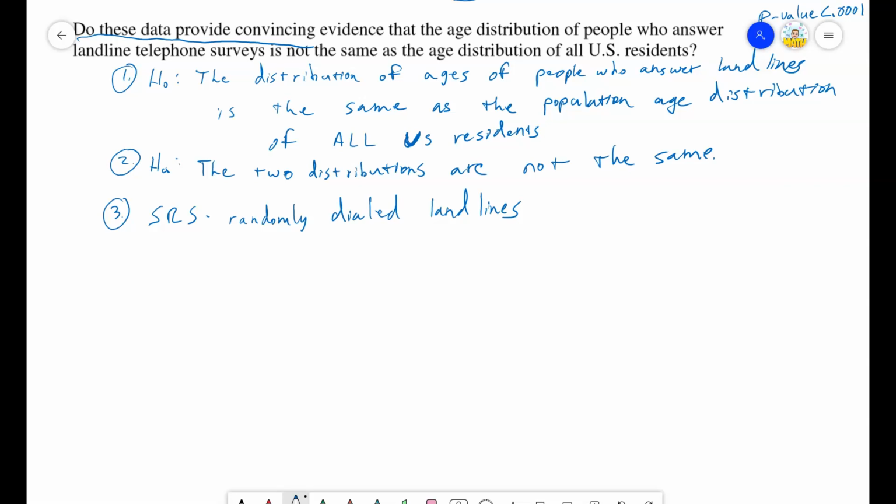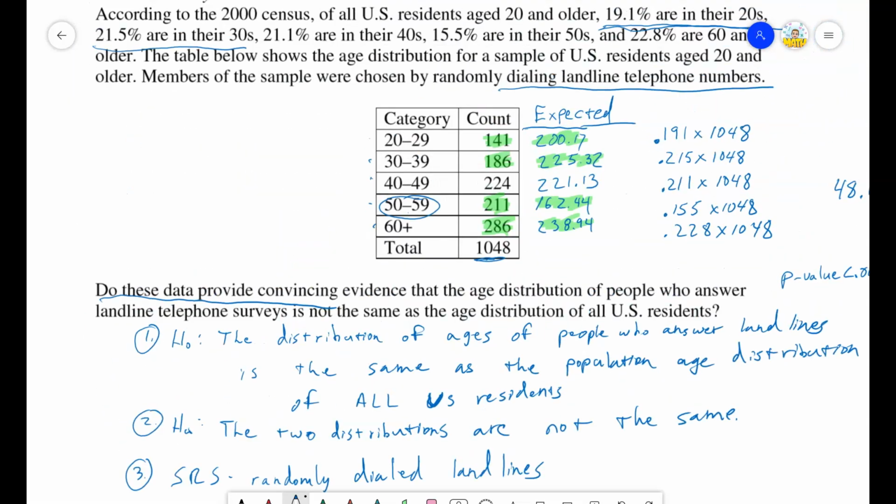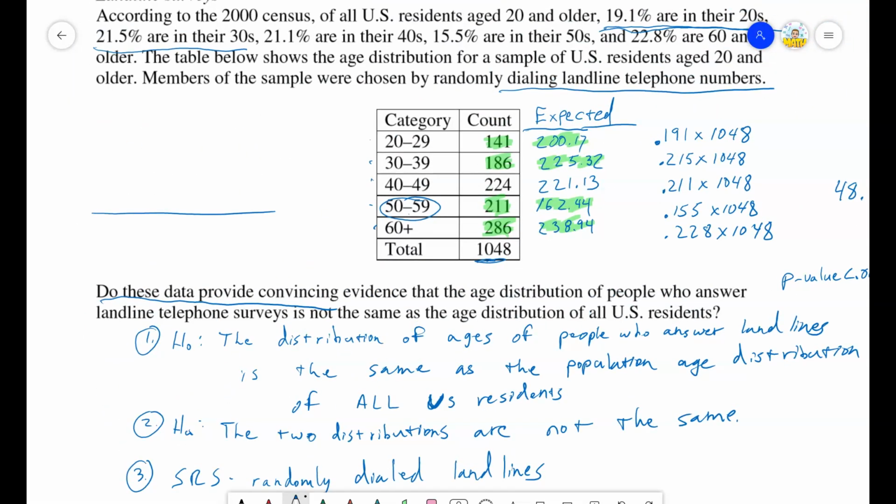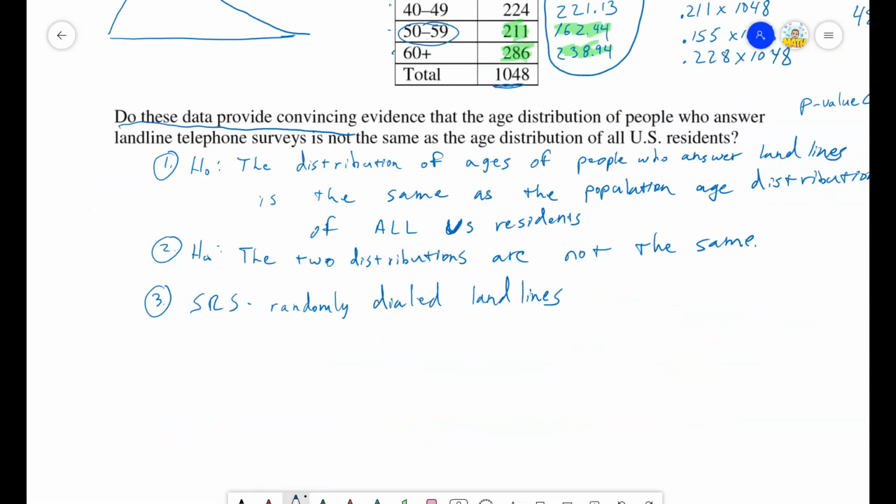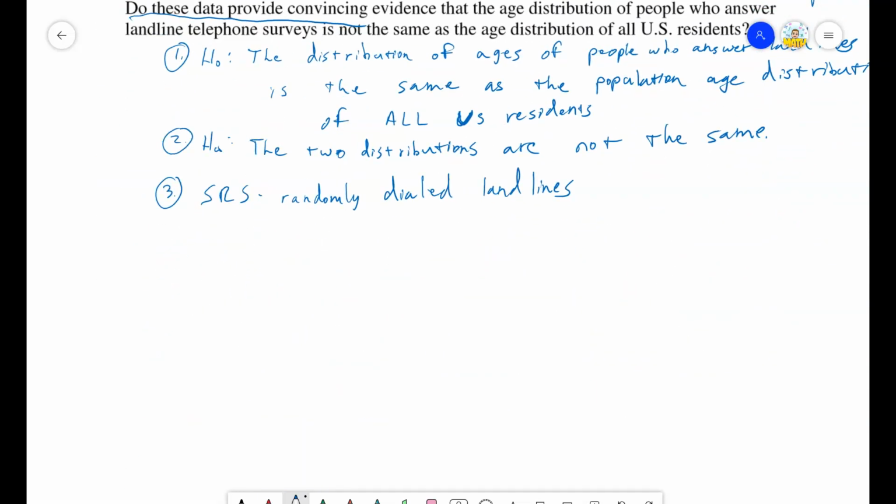And then we don't have a condition for normality. As soon as I see you write normality here, you're going to lose points. You won't get credit for your conditions for inference. Chi-squared distribution is skewed to the right. It's not normal. We have no such assumption of normality here. What we need for chi-squared is for all of these expected counts to be greater than or equal to 5. And we have them listed up above. So we're good on our expected counts.